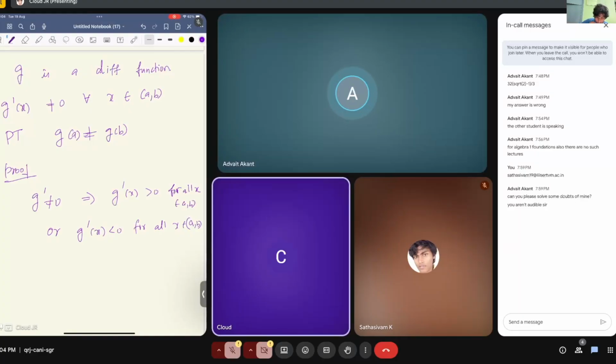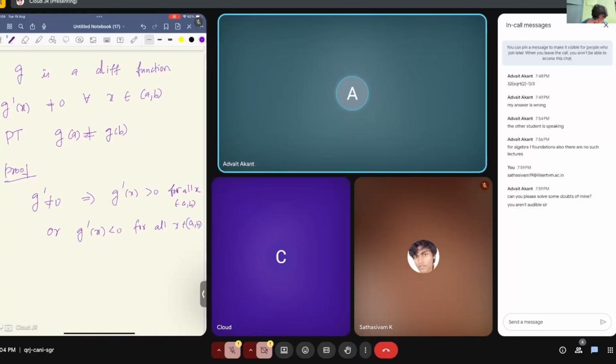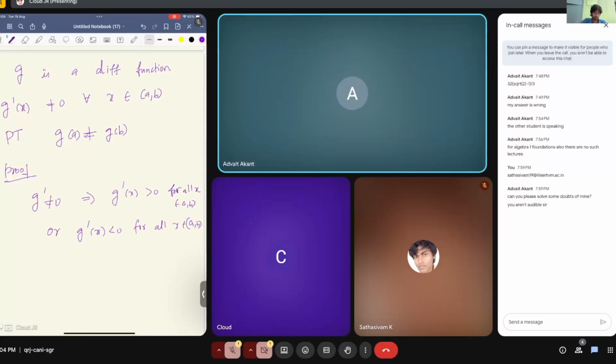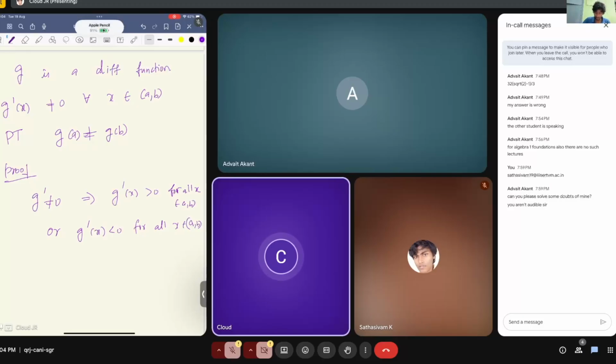By the intermediate value property, g dash x will be 0 for some x. Yeah, that is true. So then does this give us enough justification for splitting the for all operator? Yeah, it will give enough justification, right?